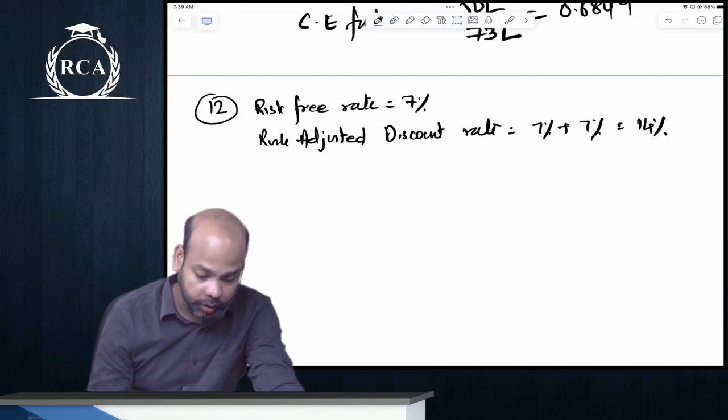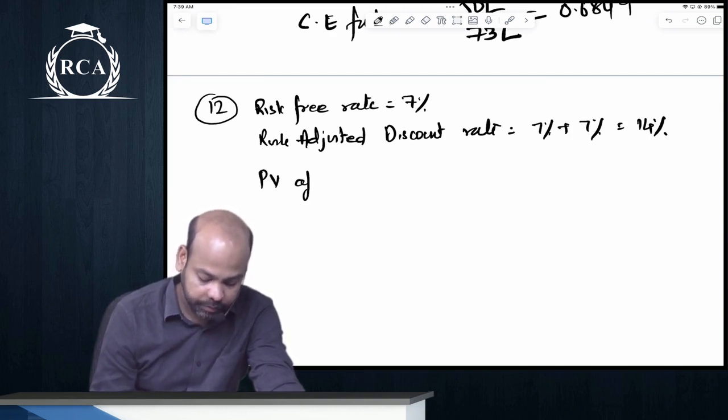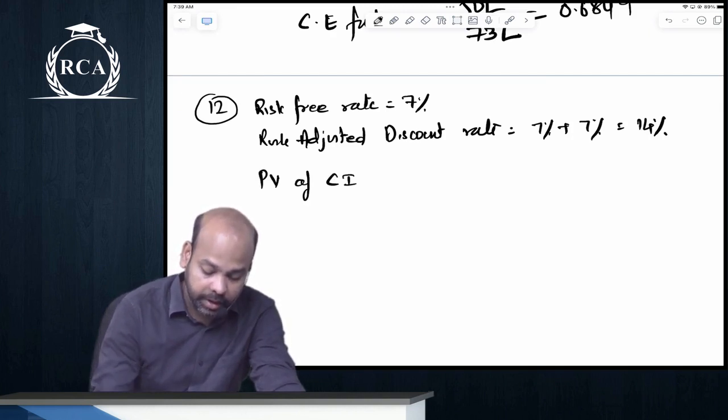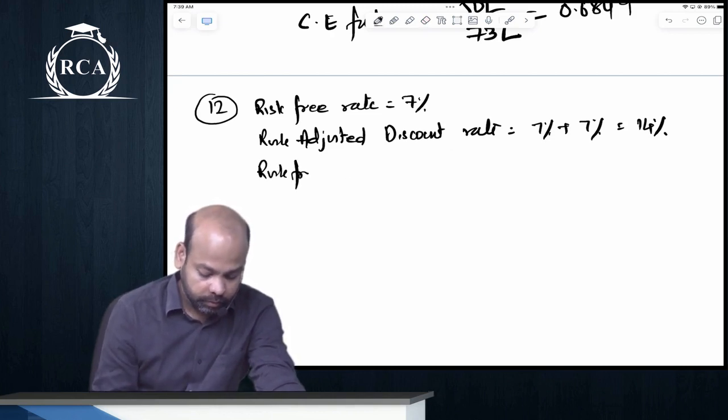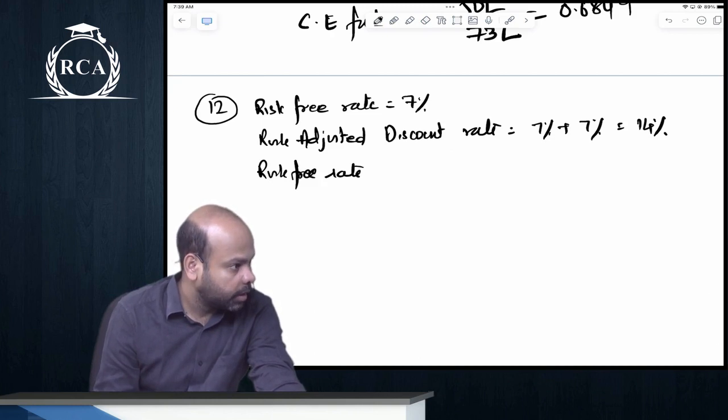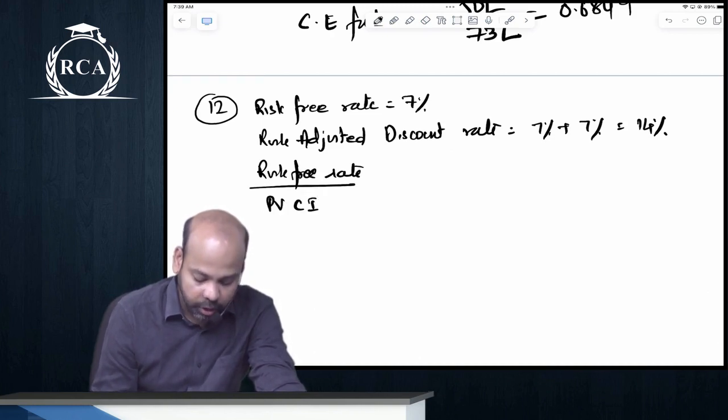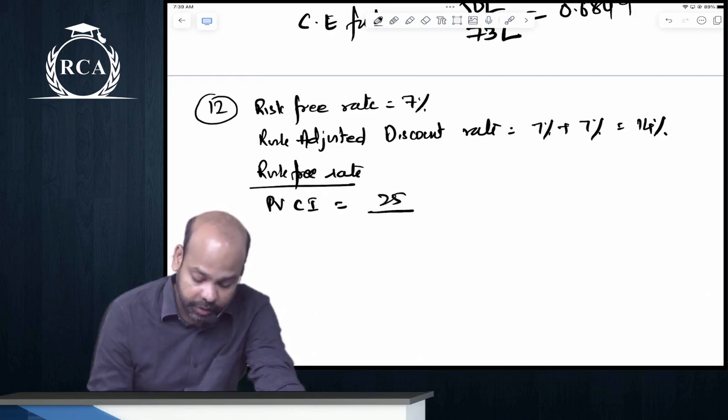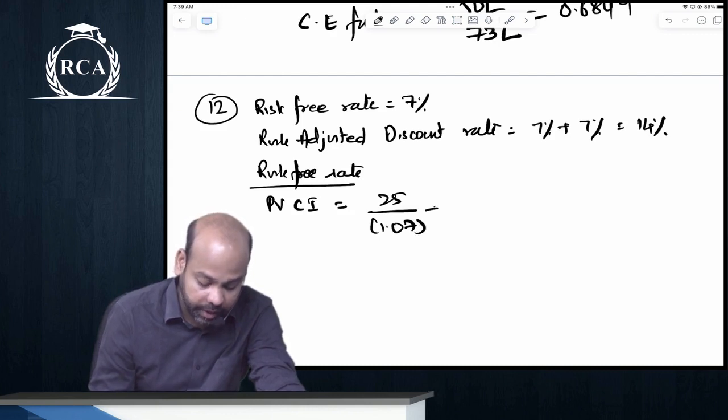Now guys, what are we going to write, beta? Present value of cash inflows. First, discount at the risk free rate. Present value of cash inflows, beta: you know the cash flows every year, discount them at risk free rate.